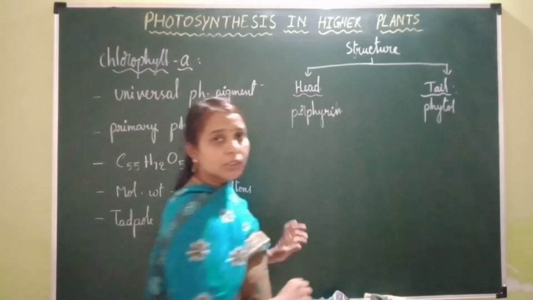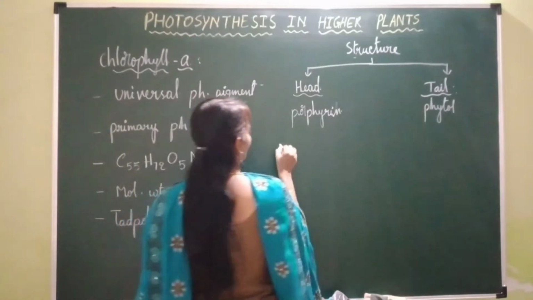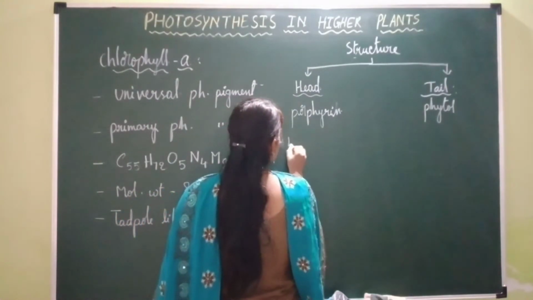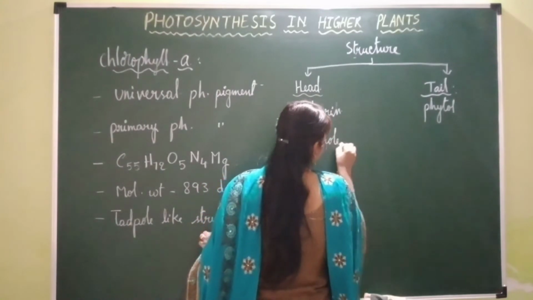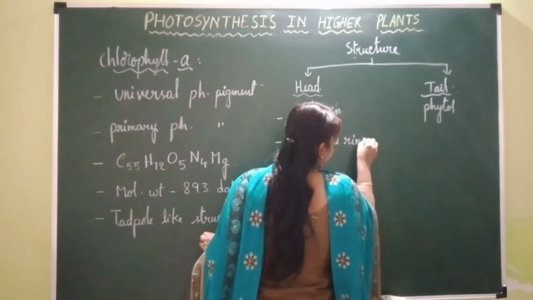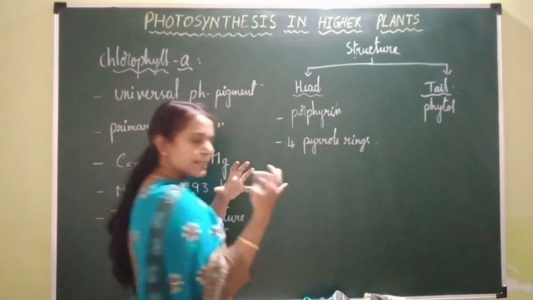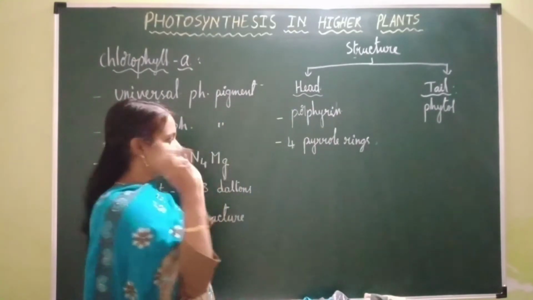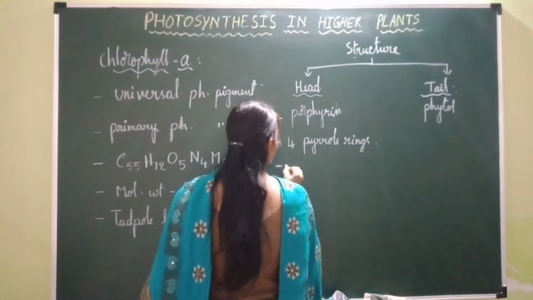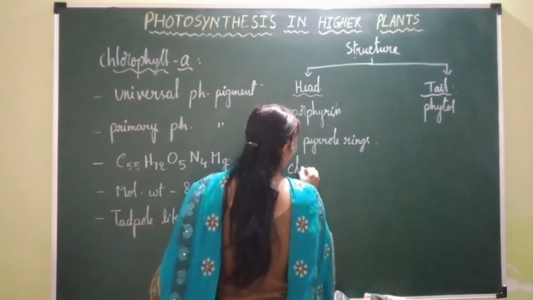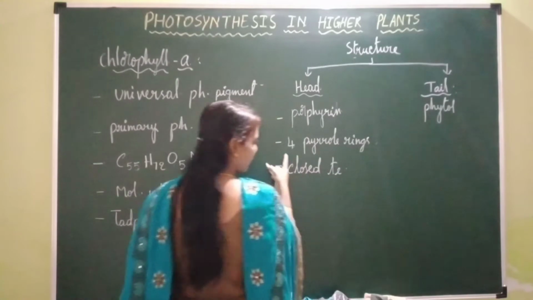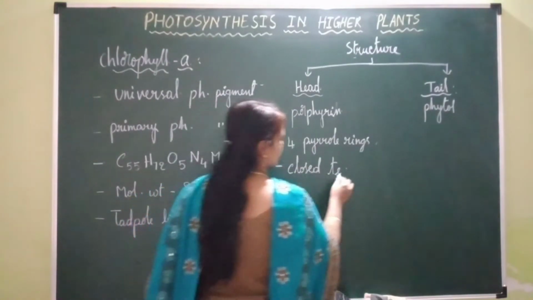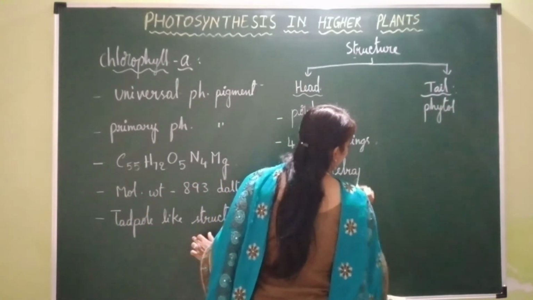The porphyrin head is made up of 4 pyrrole rings, all interconnected together, forming a closed tetrapyrrole ring structure.